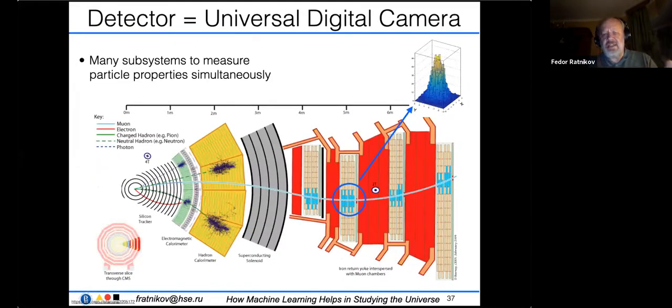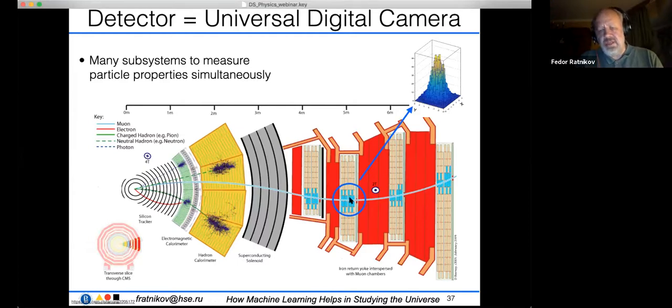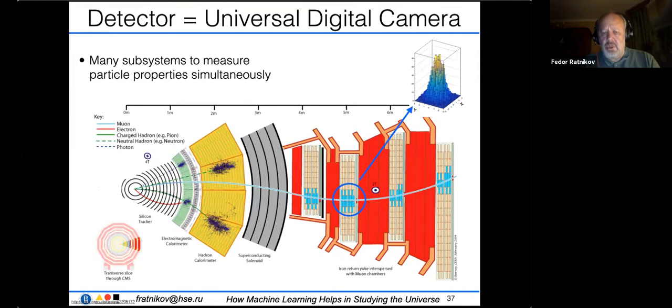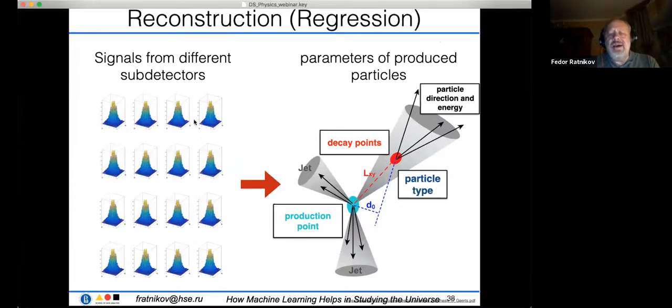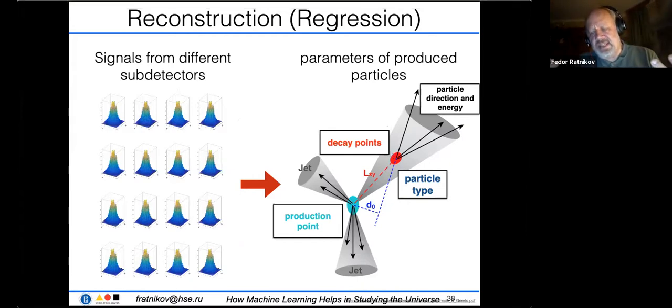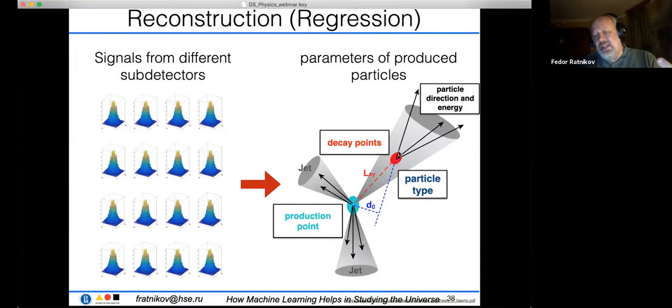Another topic is the reconstruction. The detector is a complicated system, and it consists of different subdetectors which collect different information about the particles. From those different signals of the detector, we get information about a particular event, and this is the essence of our physics analysis. Namely here, this red point could be the particle whose properties we are trying to study.